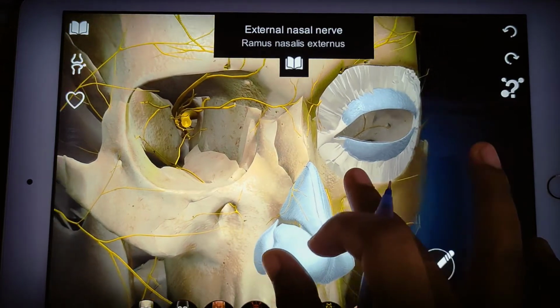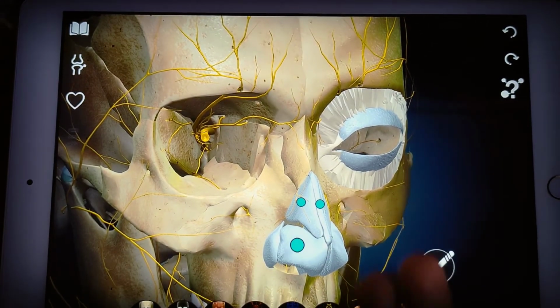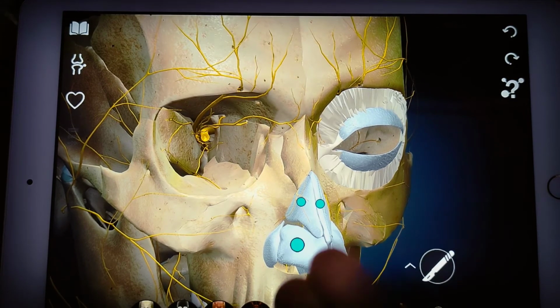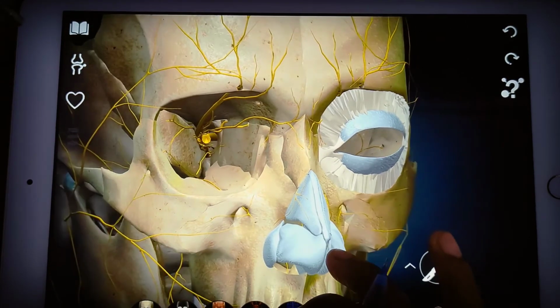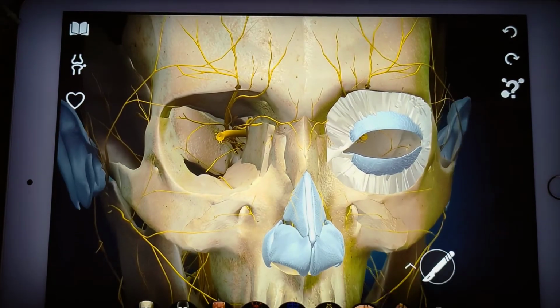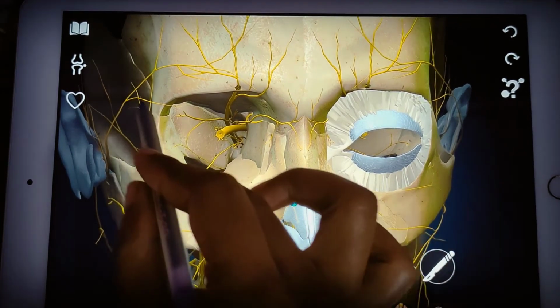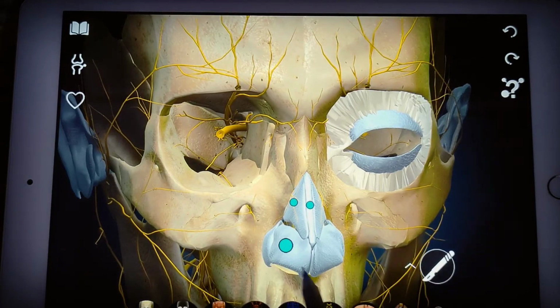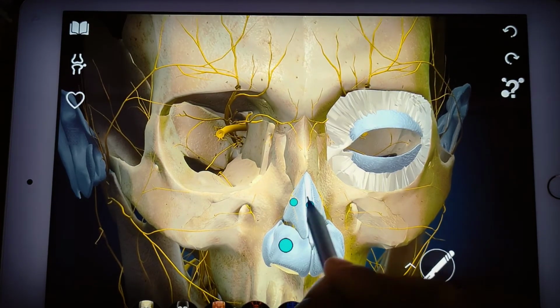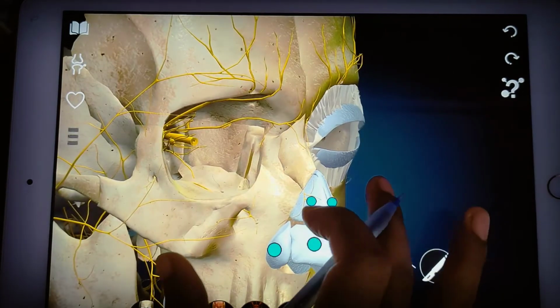This is nothing but the continuation of the anterior ethmoidal branch of the nasociliary nerve, which is a branch of the ophthalmic nerve, and the ophthalmic nerve is the first division of the trigeminal nerve. The tip of the nose, not the ala, is supplied by the ophthalmic nerve. This is all about the ophthalmic nerve.